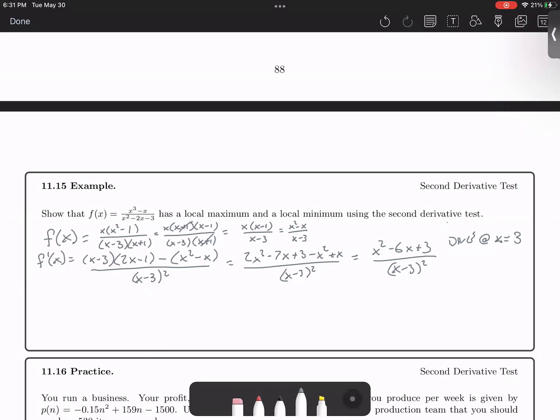Okay, let's think about zeros. So what's going to make x squared minus 6x plus 3 equal to 0? Let's use the quadratic formula here. Opposite b, plus or minus the square root of b squared minus 4 times a, which is still 1, times c, which is 3, so 12, all over 2 times the a, that was a 1, so that's just a 2.